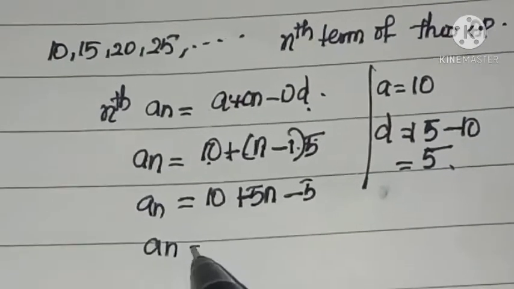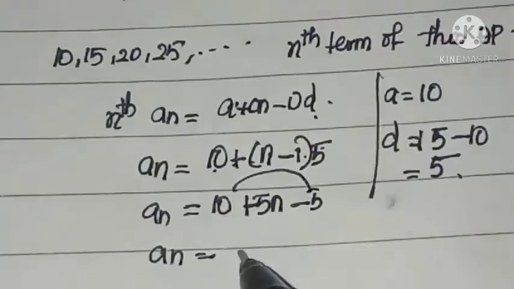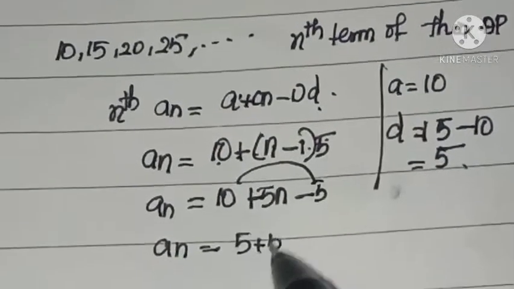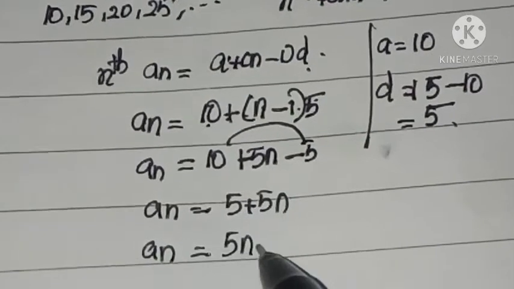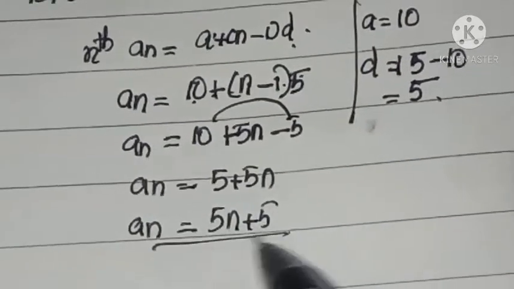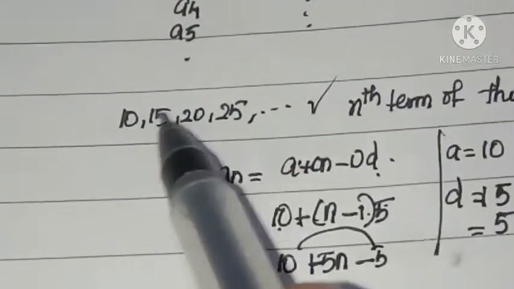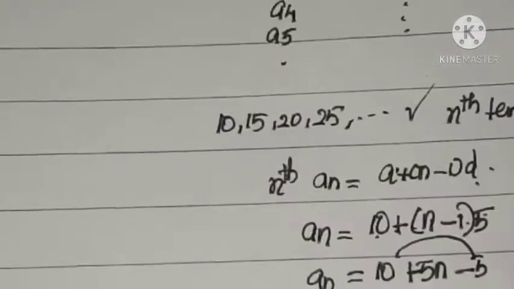So an equals 10 minus 5, and 10 minus 5 is 5. So listen, an is equal to 5n plus 5. Okay, this is the nth term of this AP 10, 15, 20, 25.